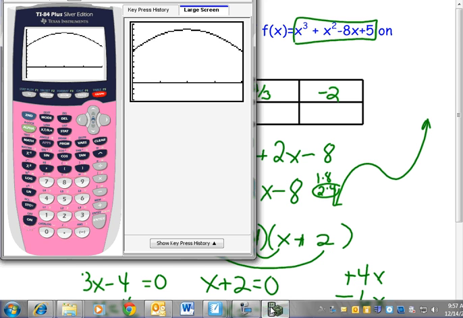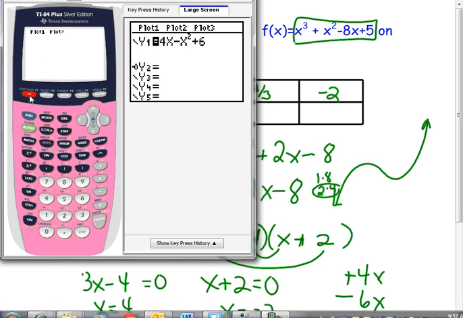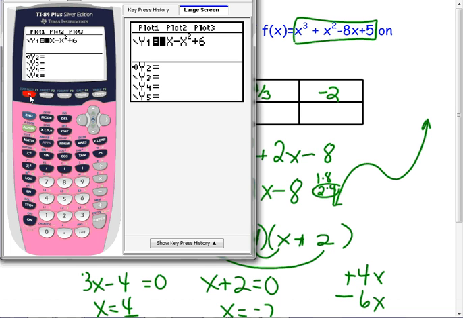Okay. Now here's how I'm going to do it. In y equal 1, I'm going to put in x cubed. We wanted to have a little practice factoring. If you want practice with the fractions, please do that. I always do that.